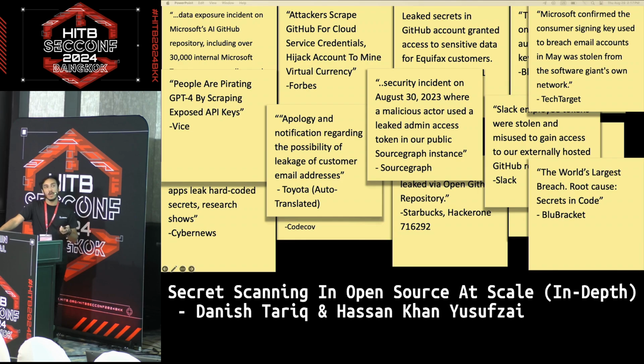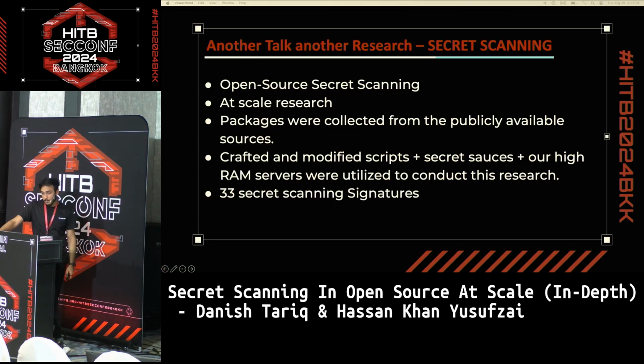So what researchers do is look at GitHub, Bitbucket, GitLab and such sources for exposures, right? You can go there and look for exposed secrets, maybe a token or API key, something like this. But when something like a secret leakage happens, it's going to affect the other parts of the supply chain as well. And these are all the examples you can see in this slide, right?